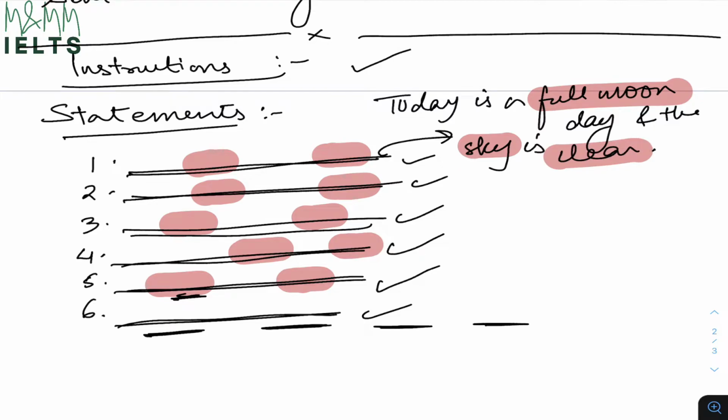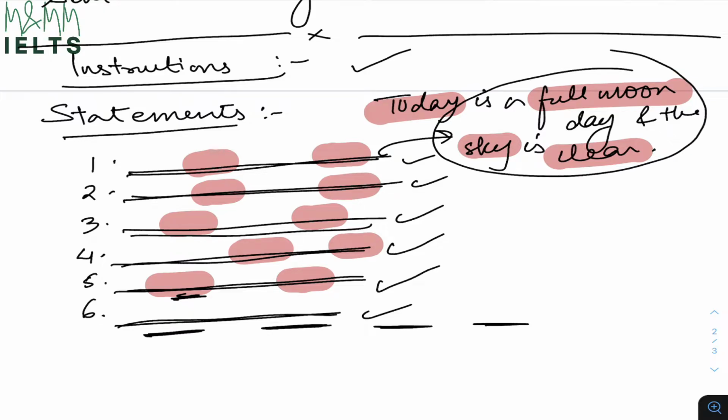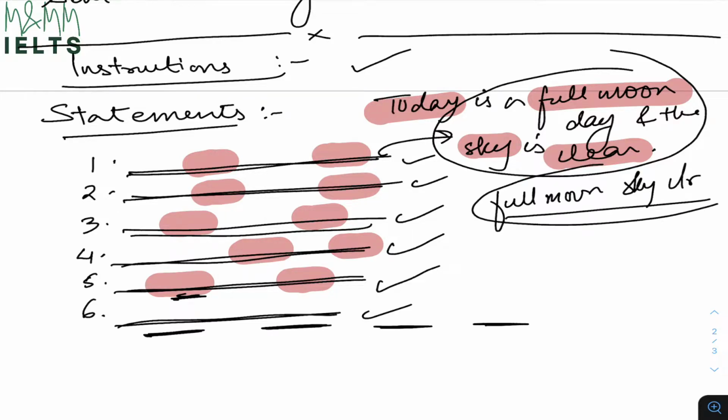This is what I think is important. Today is not that important, but still full moon, sky clear is very important. Now I have highlighted the important words. I can quickly write them down all together. Full moon, sky, clear. Now this is in my brain that I am definitely looking for something called full moon, sky clear. Related to this, I have to look for it.